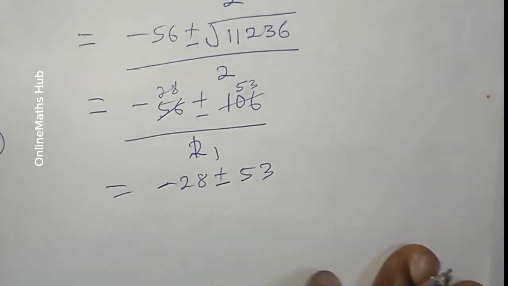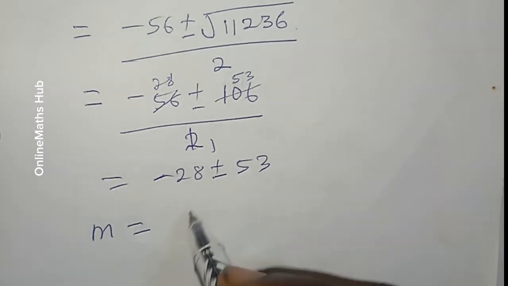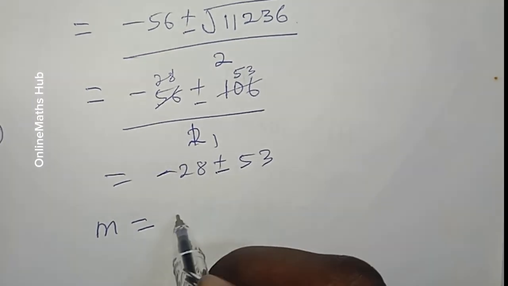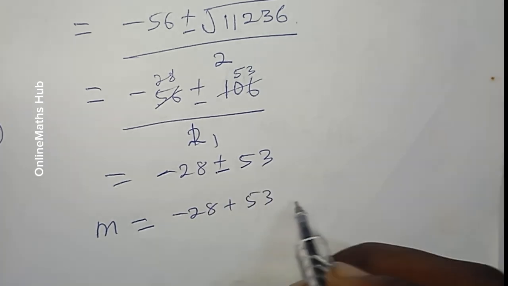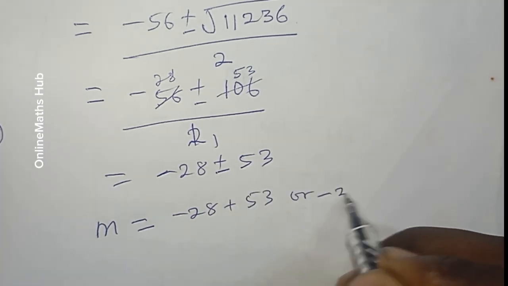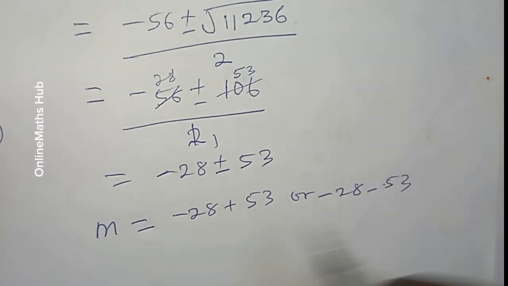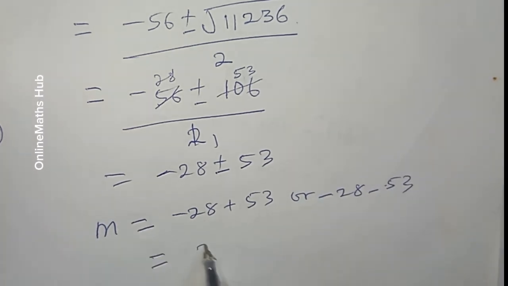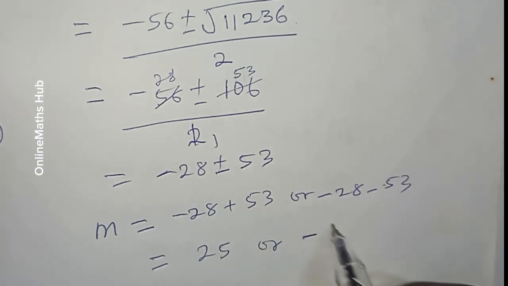Okay, so that eventually m is now equal to minus 28 plus 53, or minus 28 minus 53. Okay, this will be equal to 25, or this will be equal to negative 81.